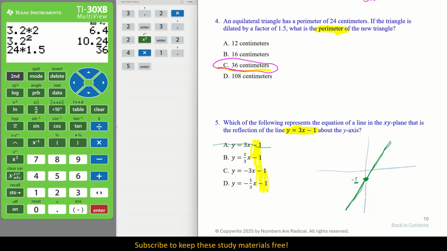Perfectly perpendicular is not a reflection about an axis. So be careful. There is a difference, okay? And I'll draw that after we answer the question. So I'm saying D is not going to work. So I'm going to mark through that.